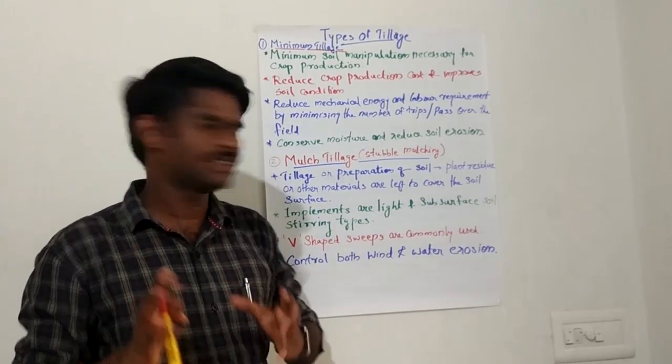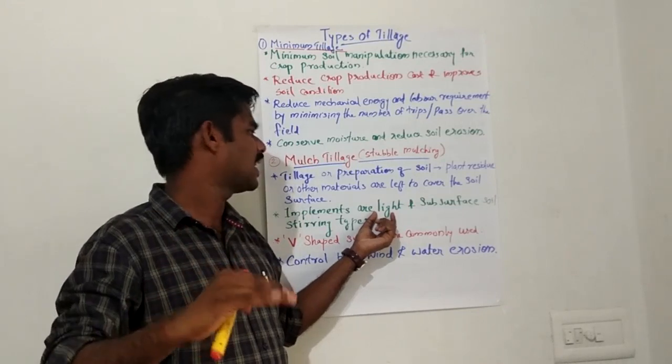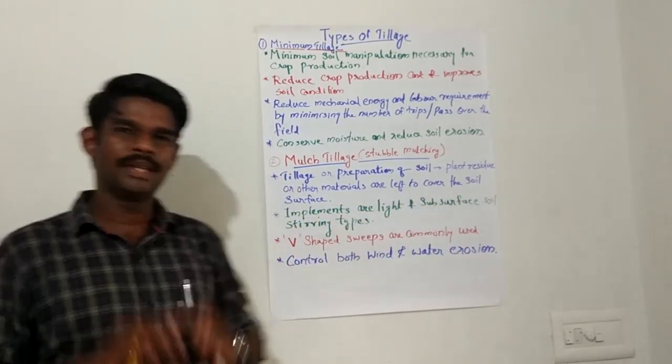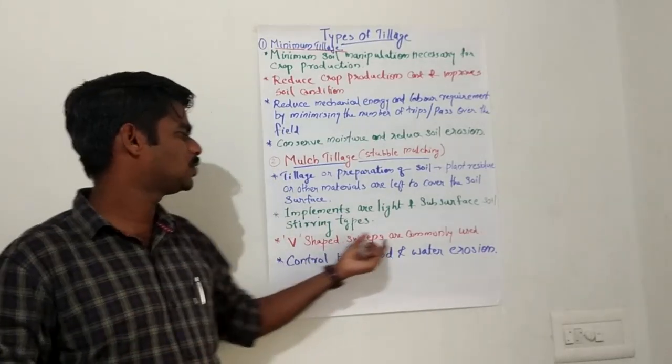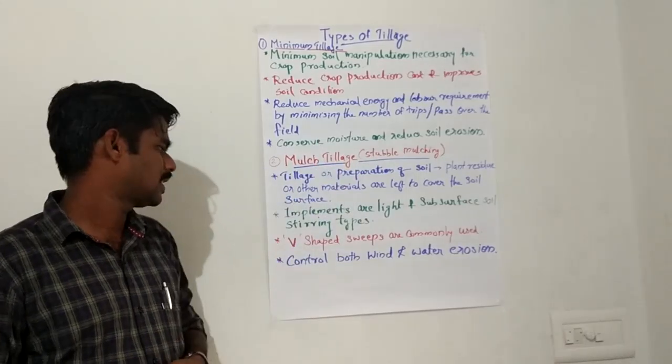The implements used are light implements and subsurface soil stirring types. Basically, V-shaped sweeps are commonly used for mulch tillage.